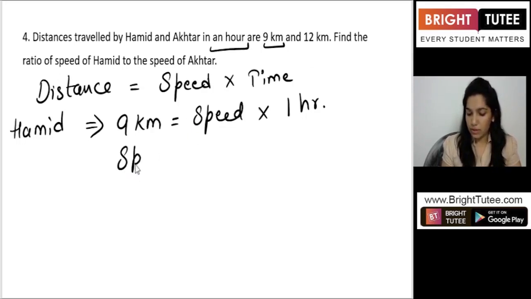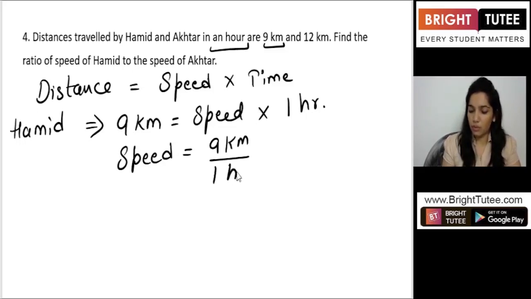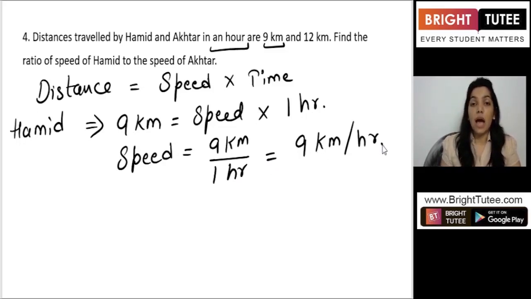So let us write the speed. Speed for Hamid is 9 kilometers per hour. We are just taking 1 hour to the other side and it will go under 9 kilometers. So we can write 9 kilometers over 1 hour, or we can write this as 9 kilometers per hour. This is the speed for Hamid.